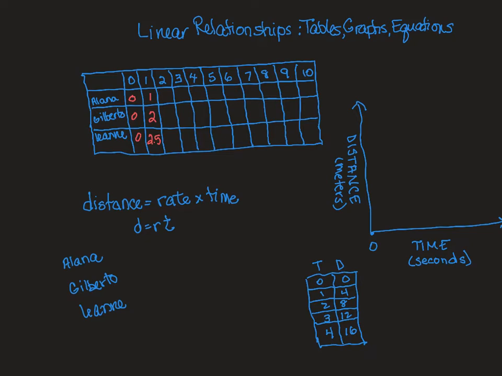I'm going to do the second one for 2 seconds, just so you can see what you'll be doing when you set it up. So if I'm going 1 meter per second, I'm going to be going 2 meters in 2 seconds. If I'm going 2 meters in 1 second, I'm going to be going 4 meters in 2 seconds.